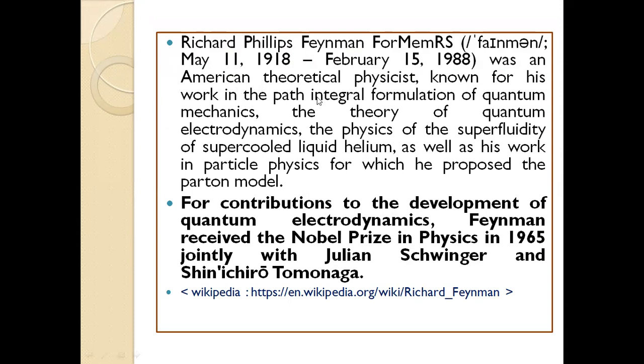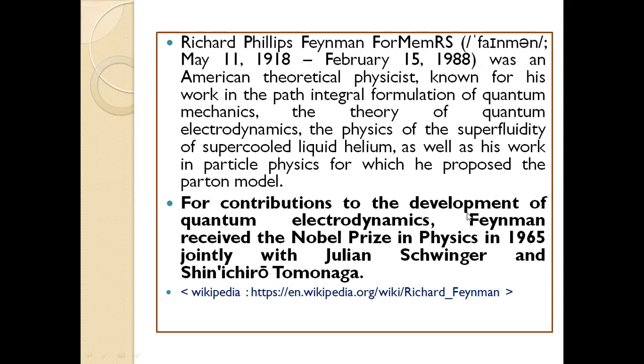He was an American theoretical physicist known for his work in the path integral formulation of quantum mechanics, the theory of quantum electrodynamics, the physics of the superfluidity of supercooled liquid helium, as well as his work in particle physics, for which he proposed the Parton model. Well, this is his introduction, but he is exactly famous for quantum mechanics.